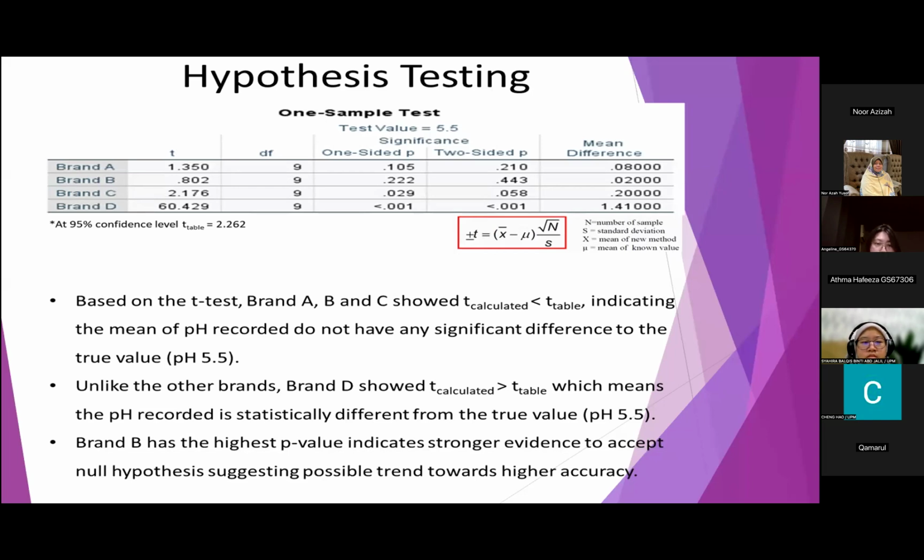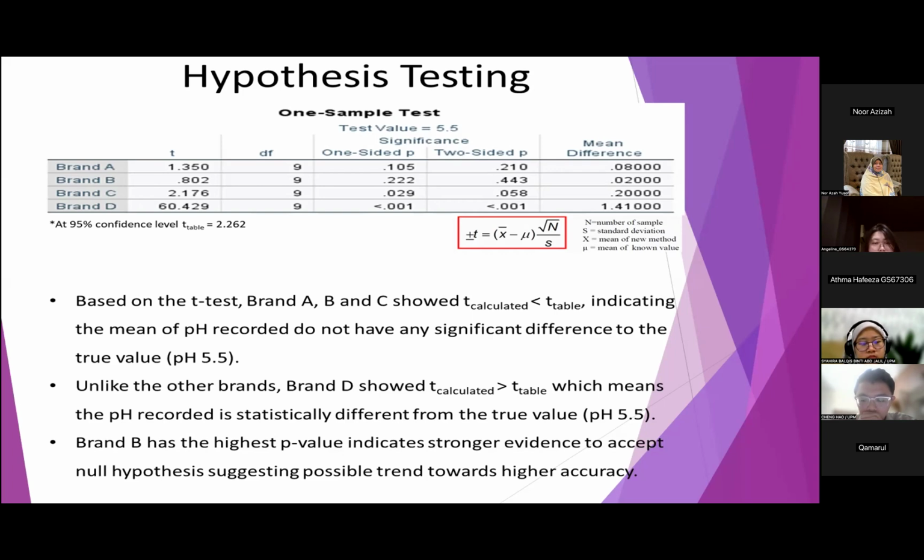Based on the slides, you can calculate the t value using the formula on the right-hand side of the slide, but for this case I just used SPSS to calculate everything. You can see from the table that the t value for brand A is 1.35, for brand B is 0.802, for brand C is 2.176, and for brand D is 60.429.